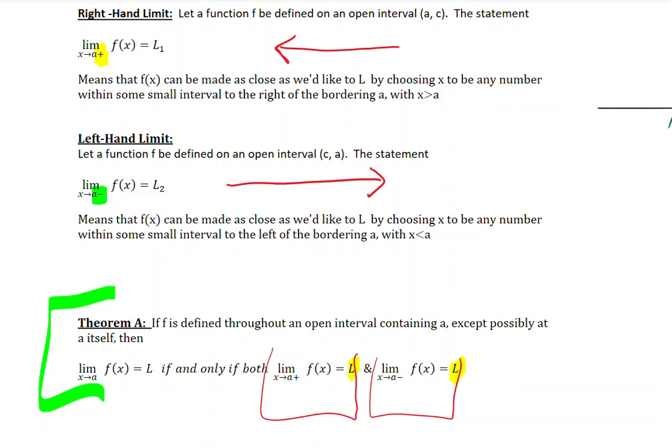If I approach it from the left side and the right side and they give you different values, then the limit does not exist at that point.